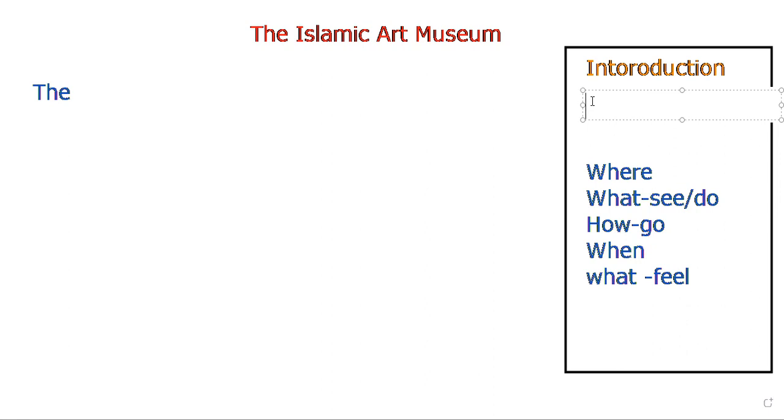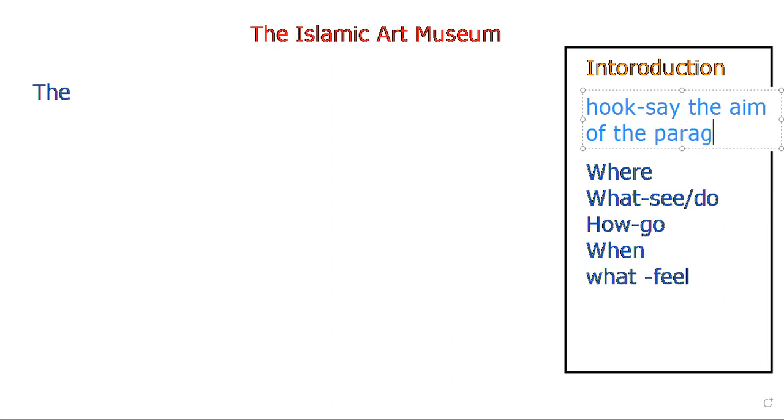The hook is something that makes the reader want to read this paragraph, like, for example, asking some questions. And then say the aim of the paragraph.